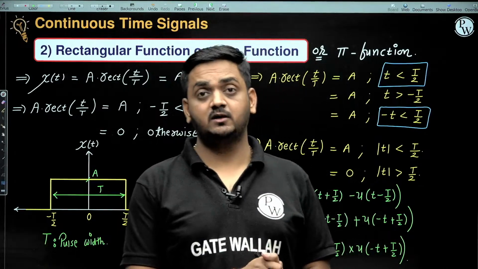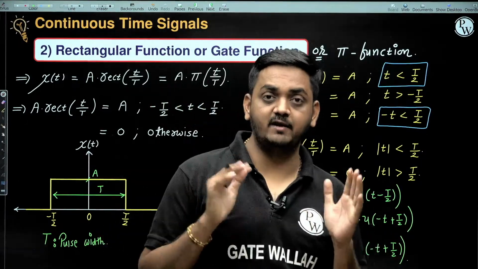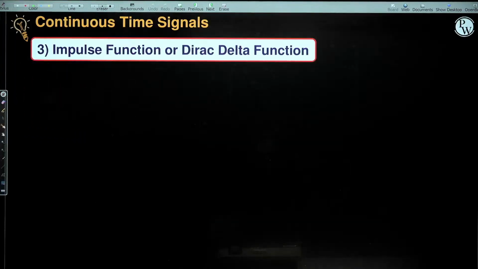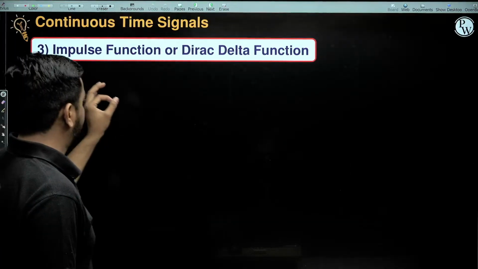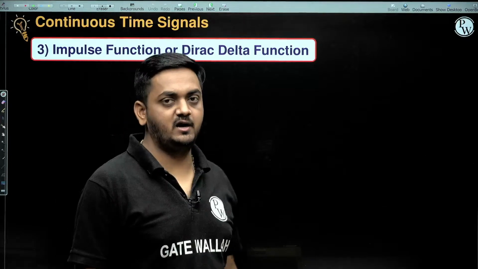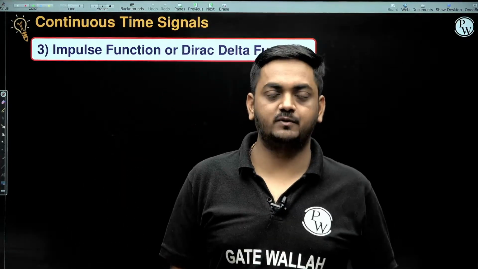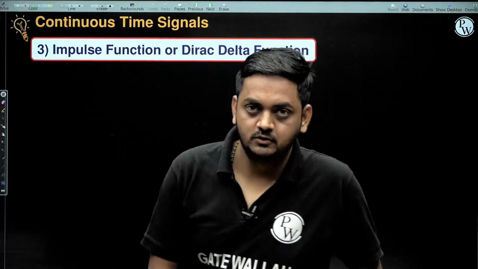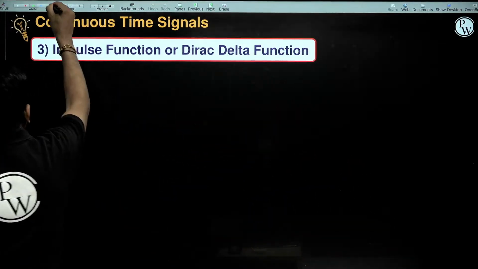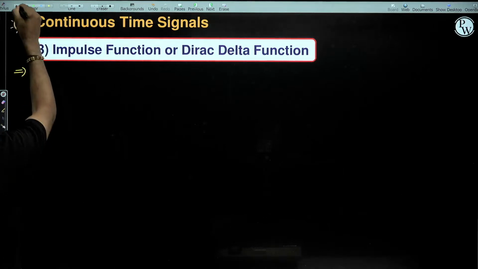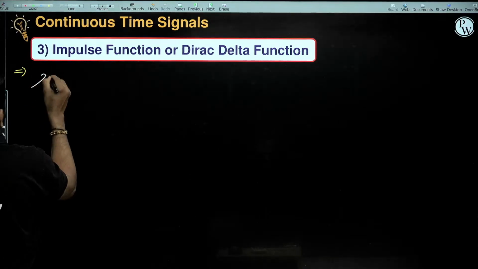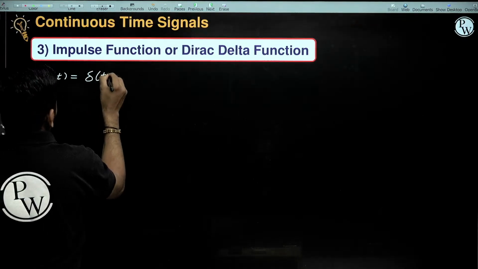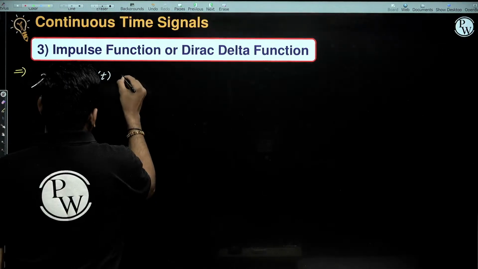Now the next standard function, very important from the exam point of view, is the impulse function, also known as the continuous impulse function or Dirac delta function. Mathematically, x of t is equal to delta t.